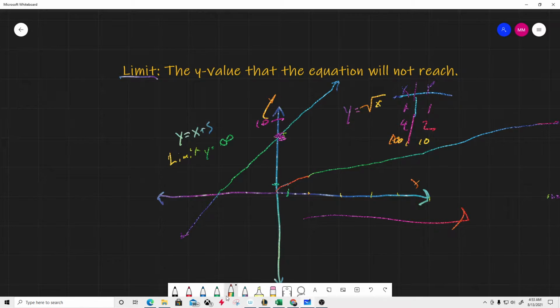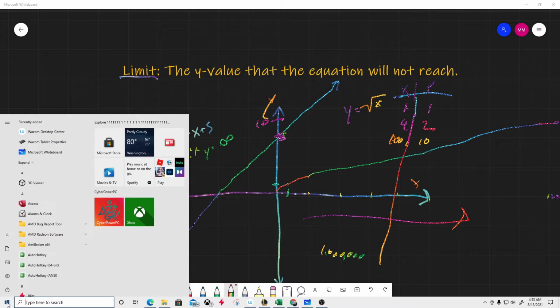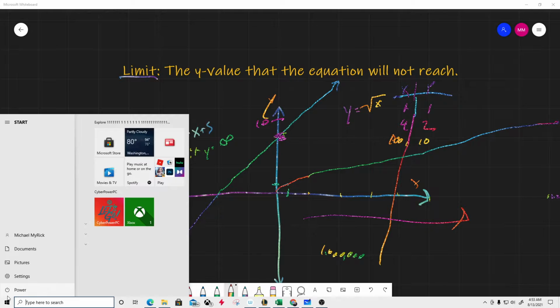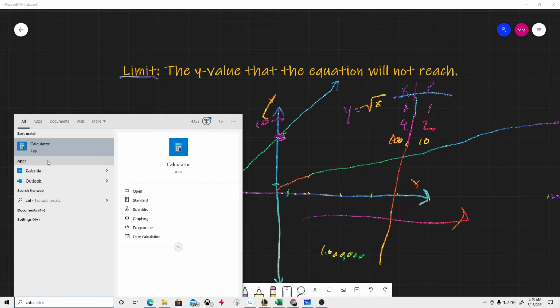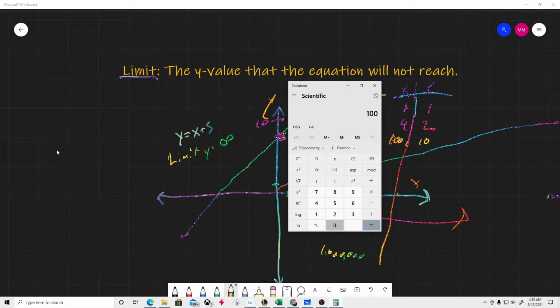But if we keep getting the numbers bigger, what about 1 million, right? What's the square root of 1 million? 1,000? Hit that old square rooter. Yep, 1,000.